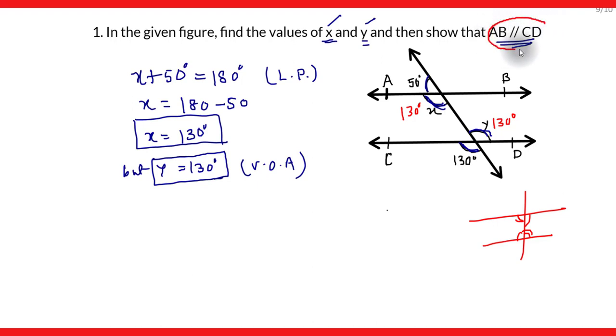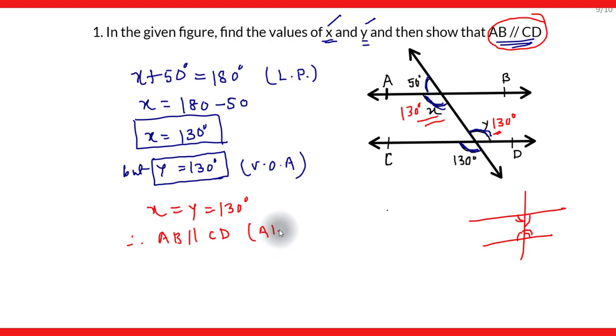So we have to prove that AB is parallel to CD. That means we have to prove that these two lines are parallel. Here these two lines are parallel. Why? Because these two alternate interior angles are equal. So here we get that x is equal to y is equal to 130 degrees, and therefore AB is parallel to CD. Why?